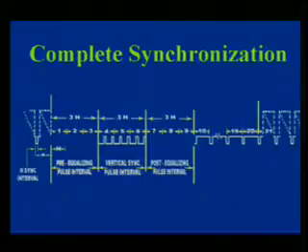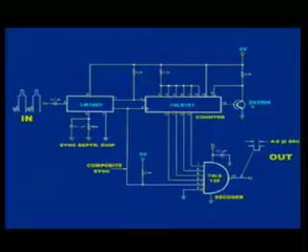When we talk about complete synchronization, we mean horizontal and vertical timings. Any change in timings will affect the synchronization. So far we have been talking about the sink separation in analog form. What about in digital format?